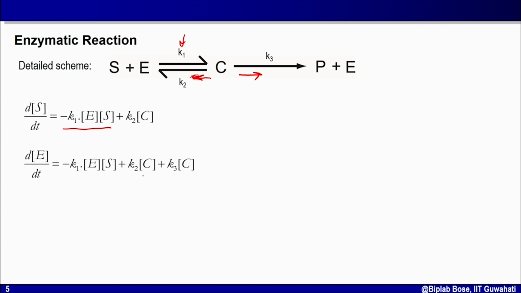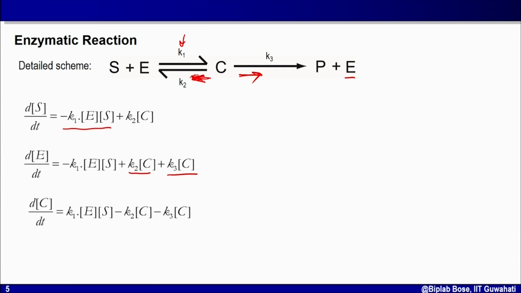K2 into C is representing this reverse reaction from which C breaks and S and E is formed, and K3 C is representing the rate of this forward unidirectional reaction by which I also get E. So dE/dt is equal to minus K1 E S, that is the consumption, plus K2 C plus K3 C.